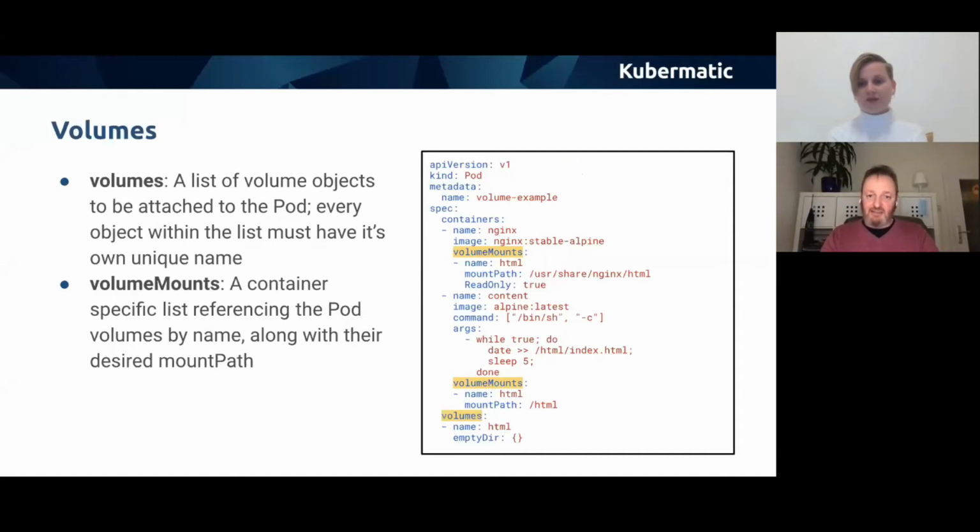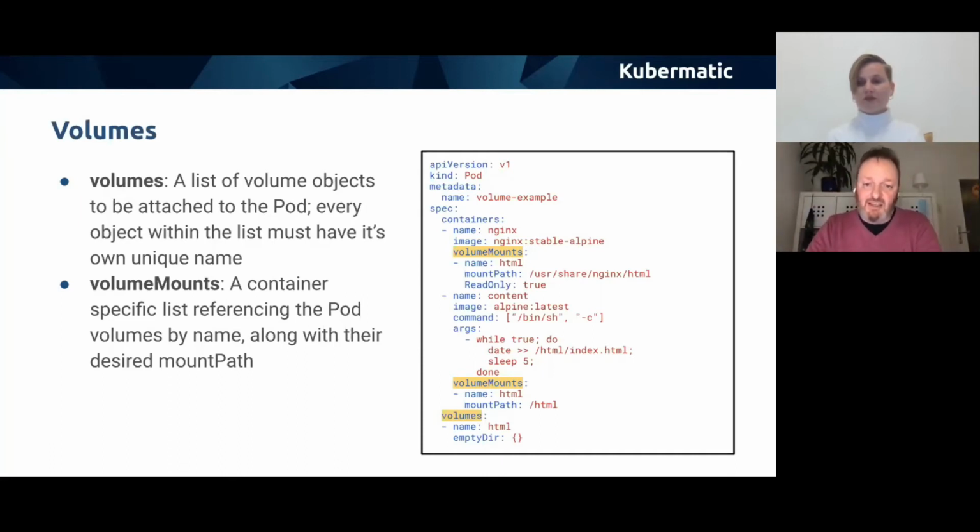And then inside your containers, that's the first part here in the spec section, you have, in this case, two different containers, and both mount the same volume. So you have only one volume declared, but you use it multiple times.